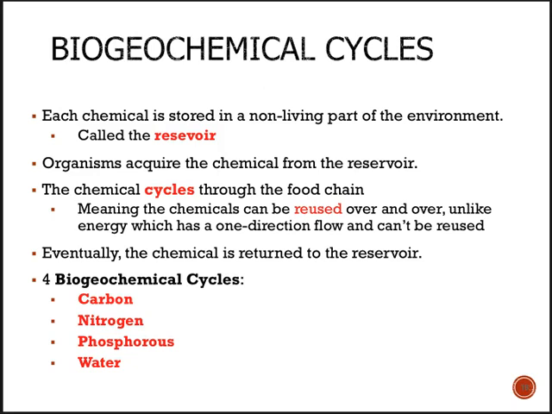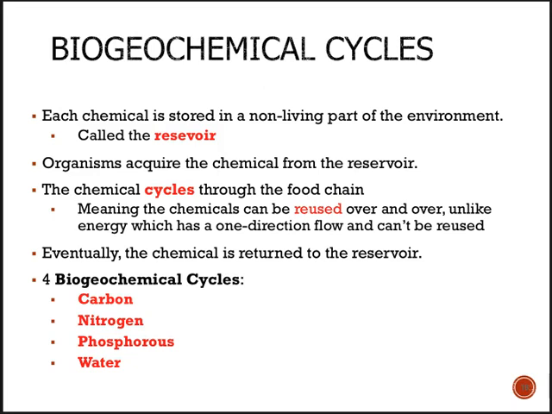And then organisms are going to take that chemical out of the reservoir. So one of the things we'll focus on is what exactly specific organisms are doing in that taking of the chemical out of the reservoir. Then we're going to talk about how the chemical cycles through the food chain. And that, it turns out, is very consistent no matter which of the biogeochemical cycles that your book brings up.